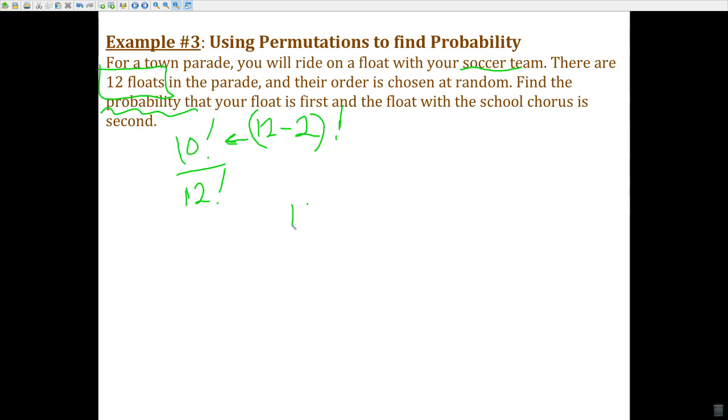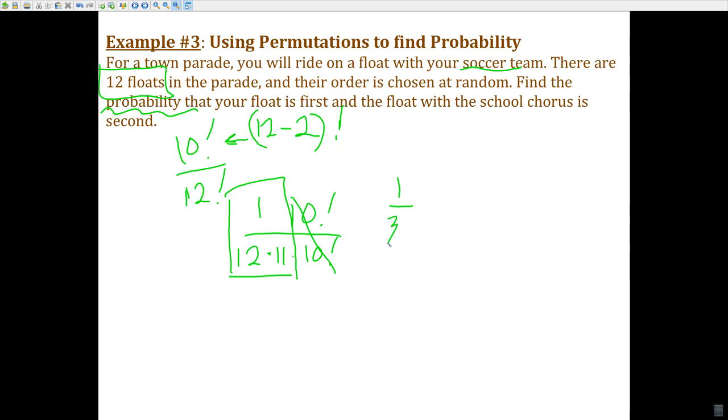So what that does is that you have 10 times 9 times 8 times 7 times 6, right? Really, you're doing this times 11 times 10, blah, blah, blah. So you're just canceling those out. And so really it's 1 divided by 12 times 11. This is what you're really doing in your calculator.